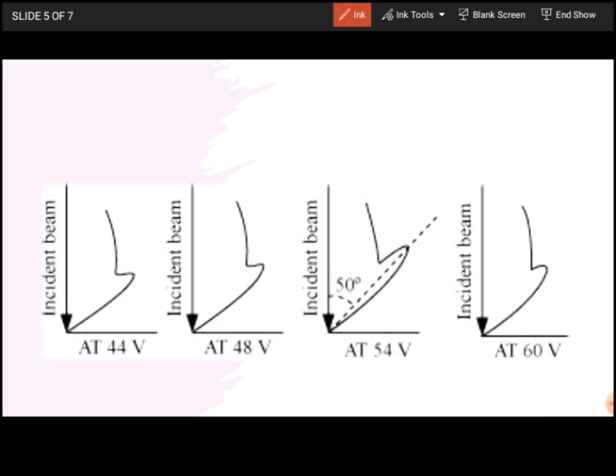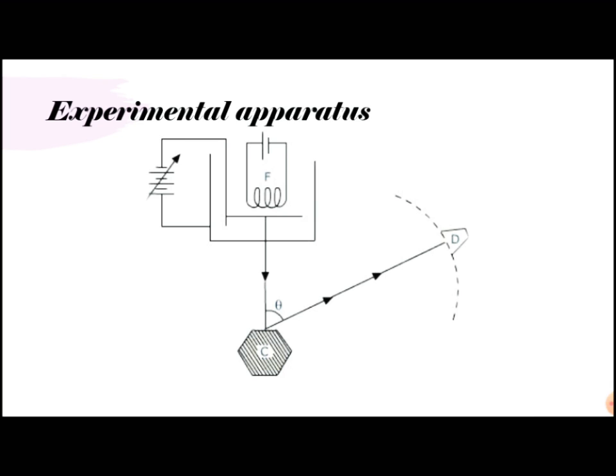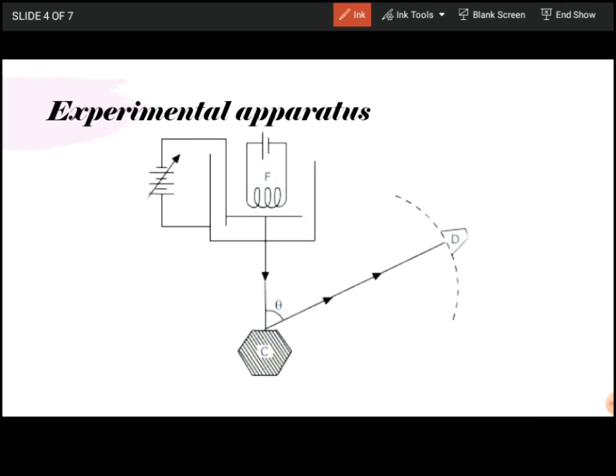The angle between the radius vector and the coordinate axis gives the scattering angle theta. The different curves in this figure were obtained with electrons accelerated to different energies by changing the accelerating potential between F and A.